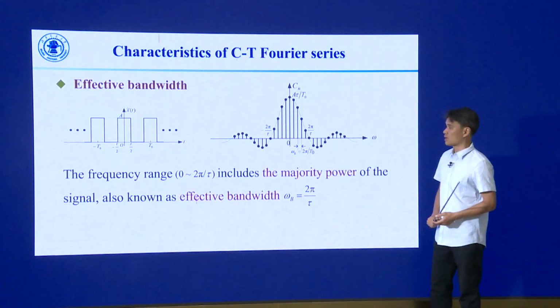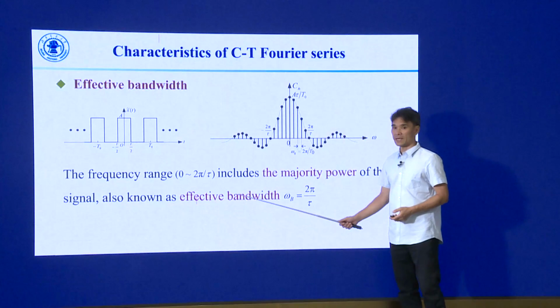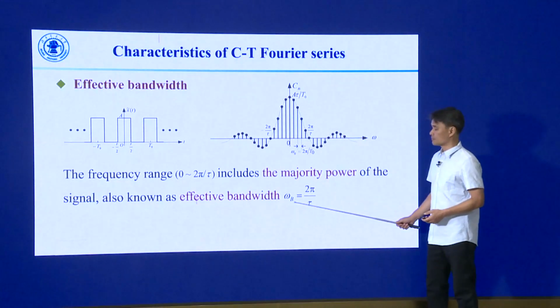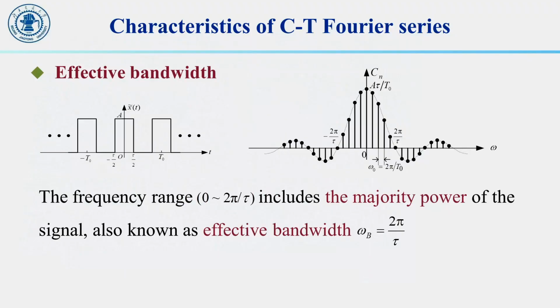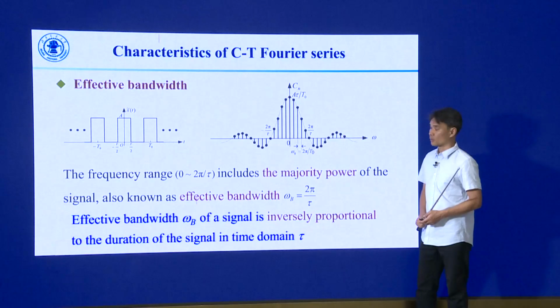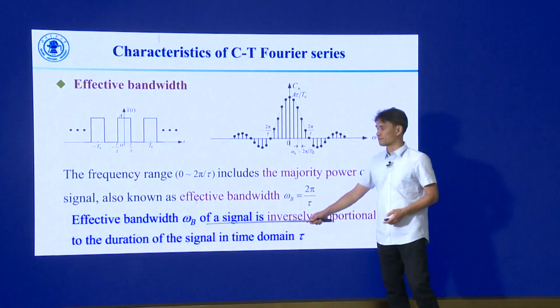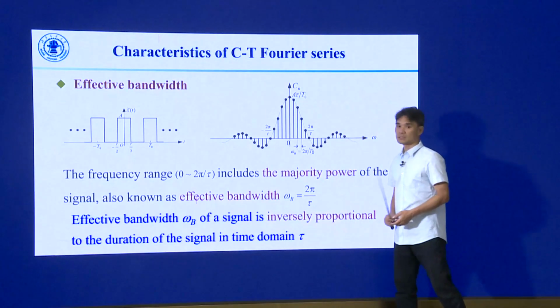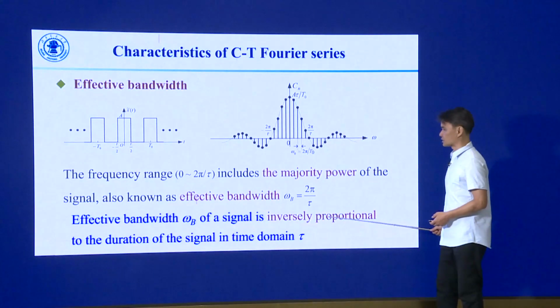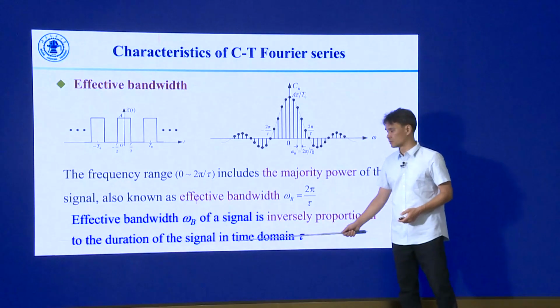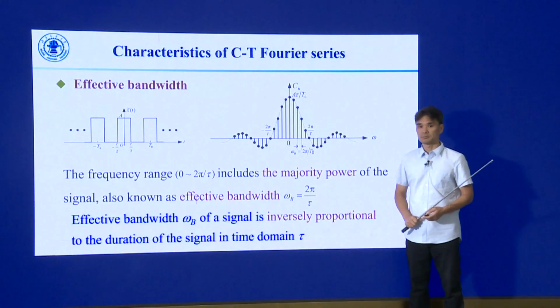So this is called the effective bandwidth, omega sub B, which is equal to 2 pi over tau, where tau is the duration of the periodic rectangle signal in the time domain. We can observe that the effective bandwidth omega sub B is inversely proportional to the duration tau of the signal in the time domain.